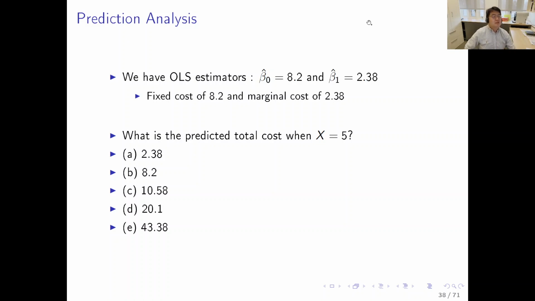Okay, then try this. We have the OLS estimators, and you predict the total cost when you produce 5 units. Given those numbers, it's pretty simple. We calculate beta 0 hat plus beta 1 hat times 5.